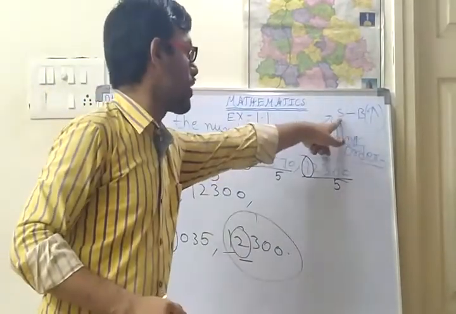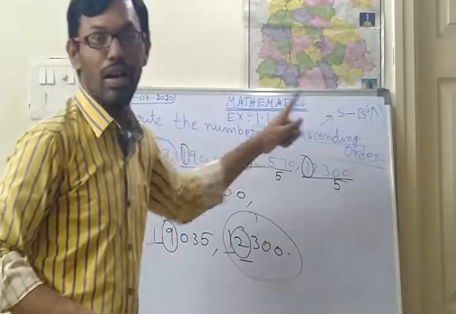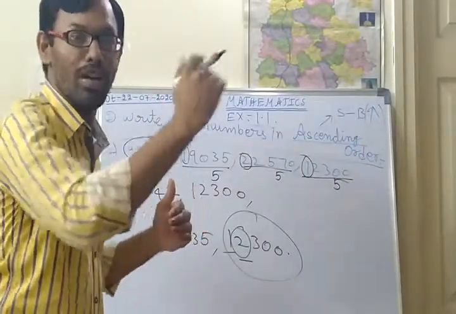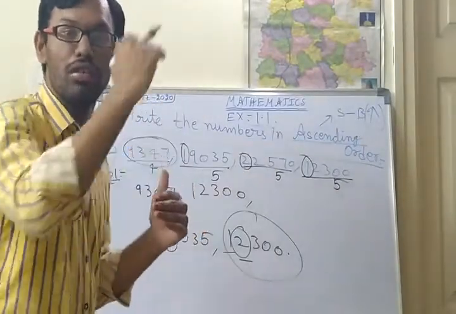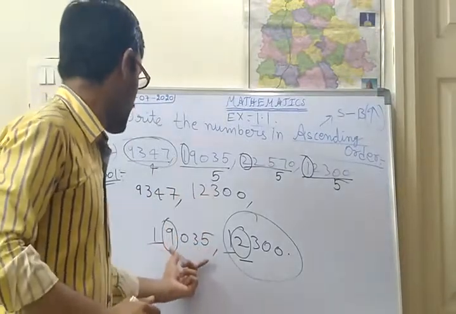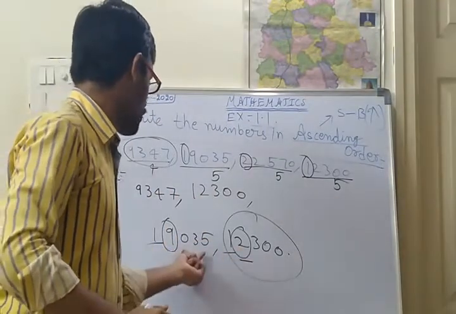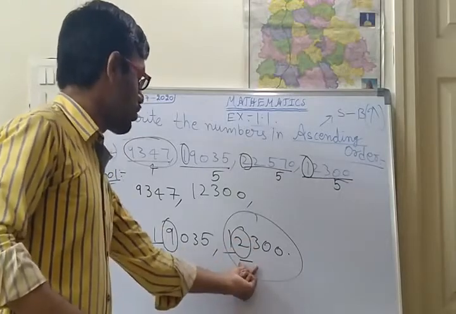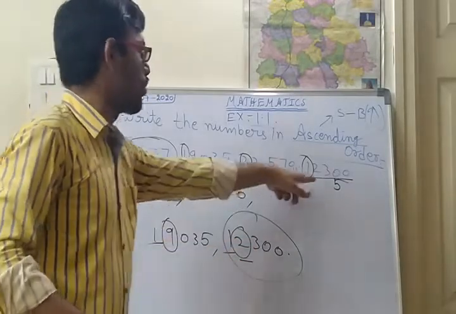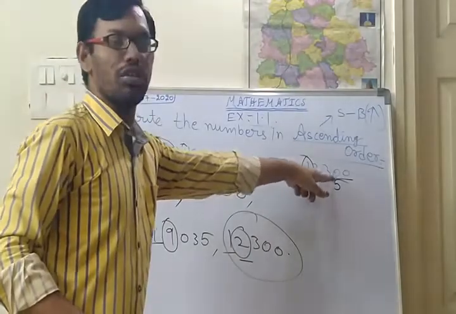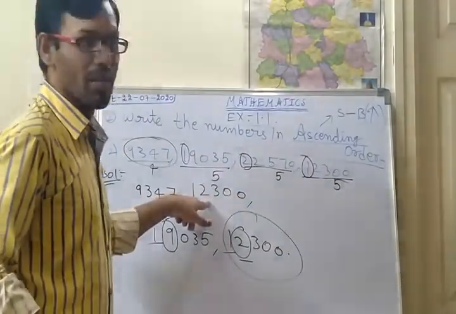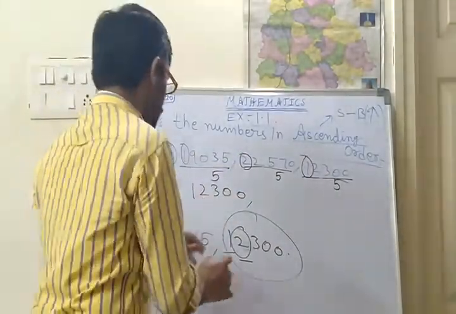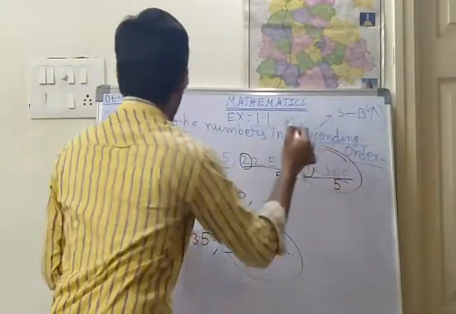Remember, ascending means smaller to bigger. Out of 19035 and 12300, 2 is the smallest, and 2 is in 12300. That you should write in the second place. So two numbers have been completed.